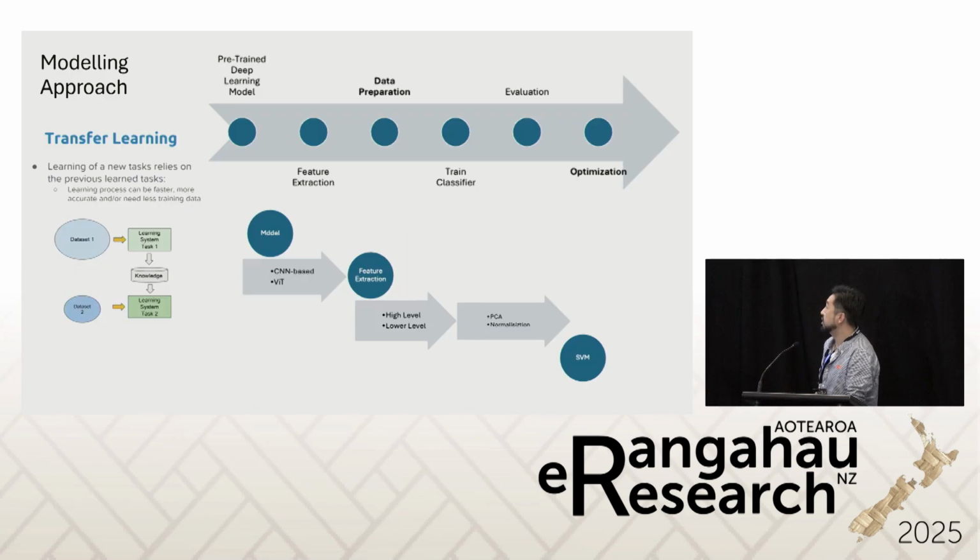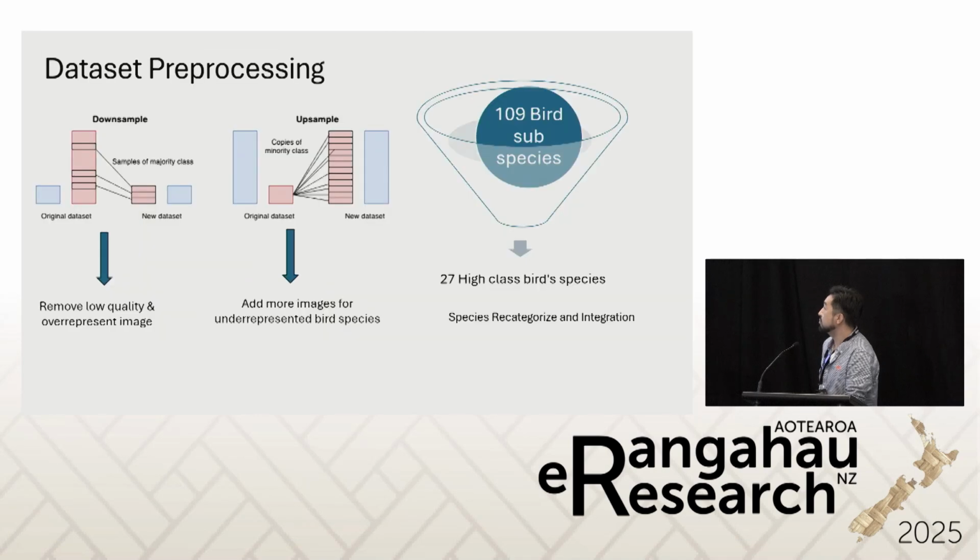So before we use the data to build our models, we need to do some data pre-processing. We applied three methods. The first one is downsampling, and the next one is upsampling. The reason we do this is that we try to balance the data across the species.